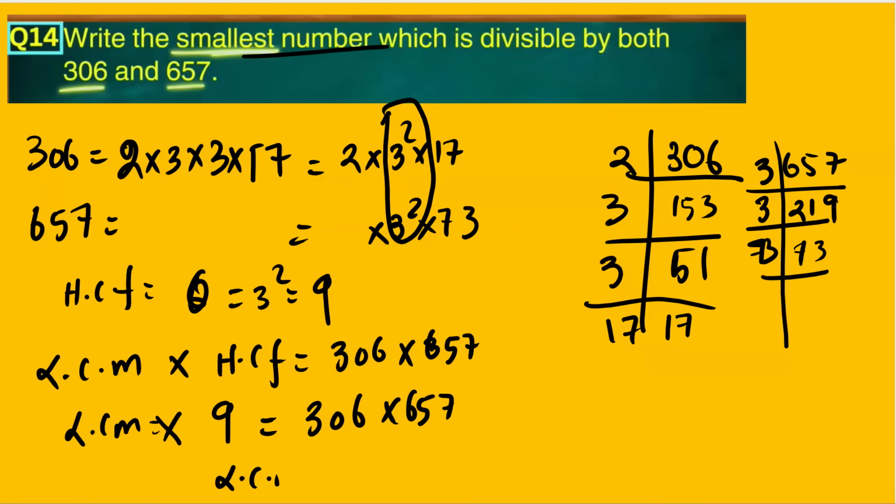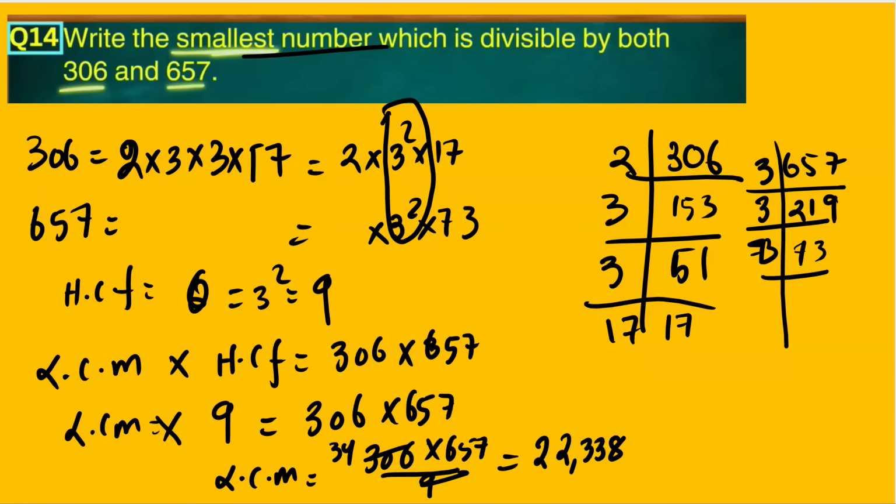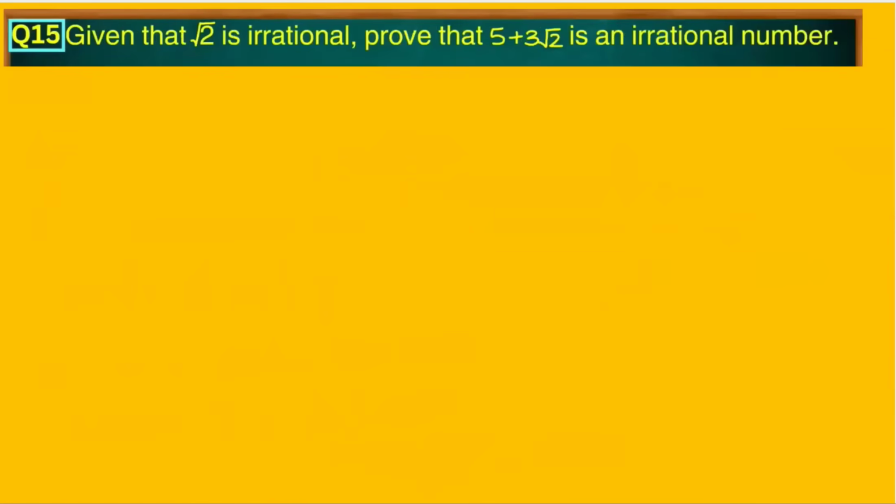Therefore our LCM is 306 multiplied with 657 divided by 9. If I divide 306 by 9, I get 34. So 34 multiplied with 657 will give me 22,338.